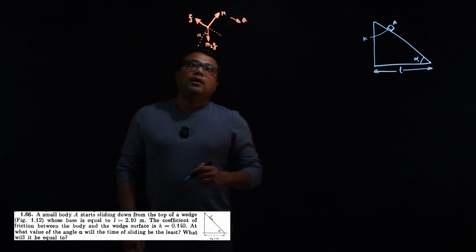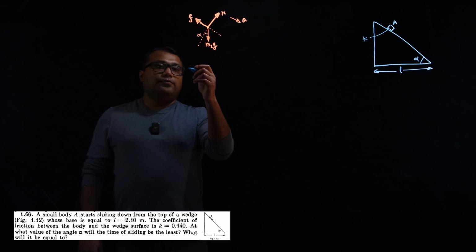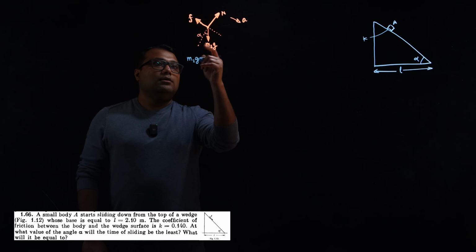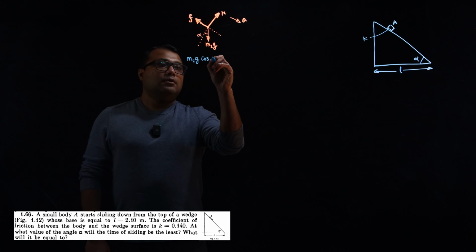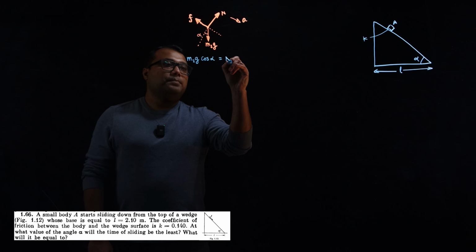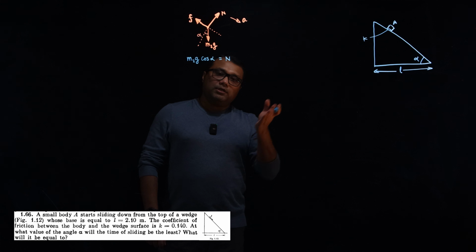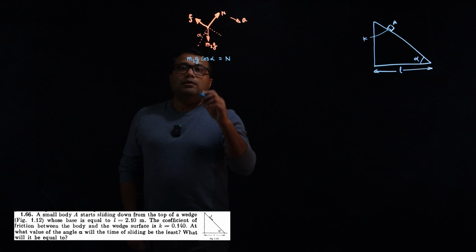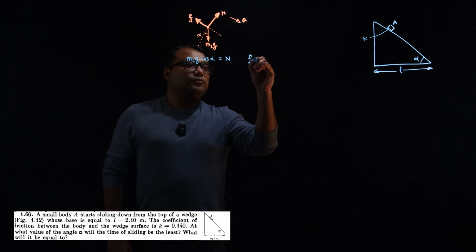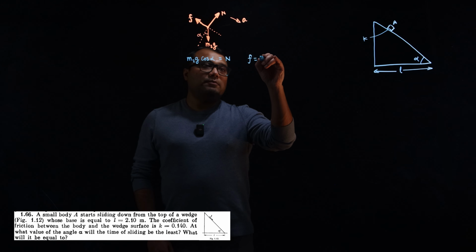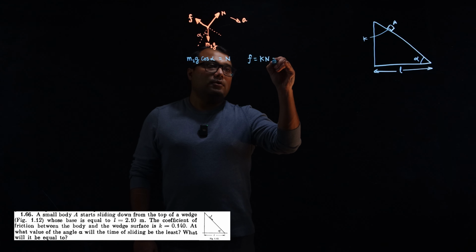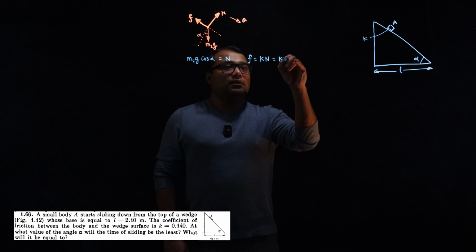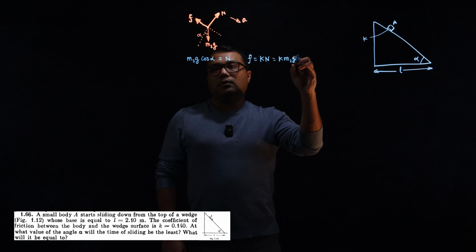Now, let's frame the equations of motion. So mg cos alpha should be equal to N, because there is no motion in the direction perpendicular to the plane. So friction, which is kinetic friction, is given by k N, coefficient of friction times the normal reaction, which will be k mg cos alpha.